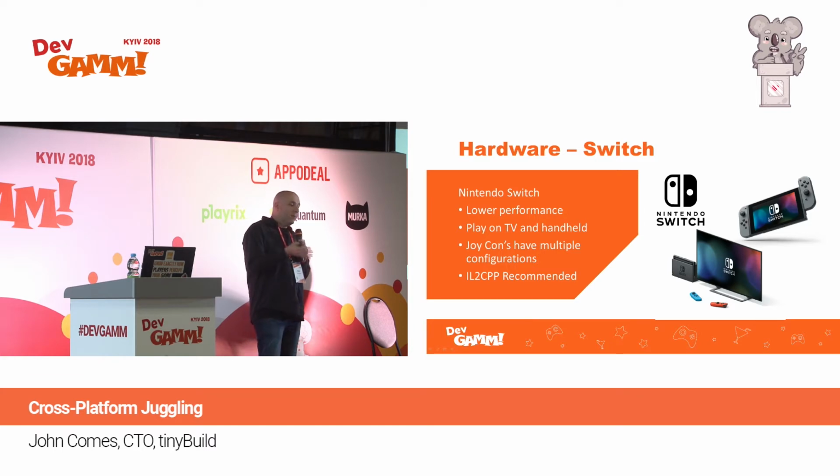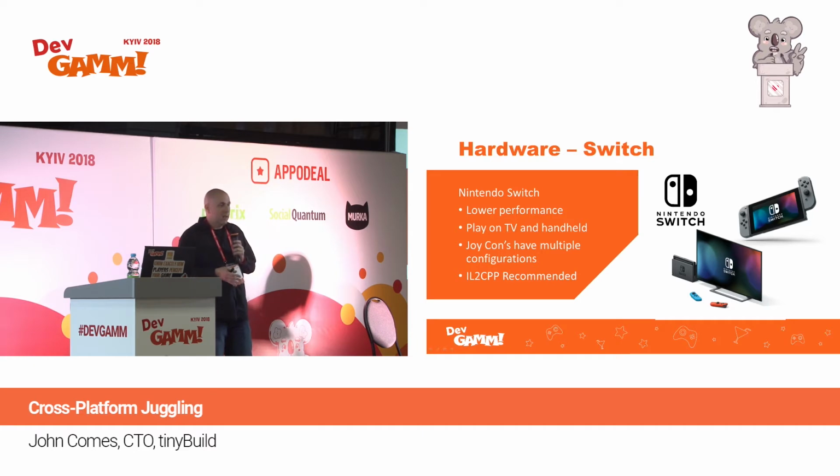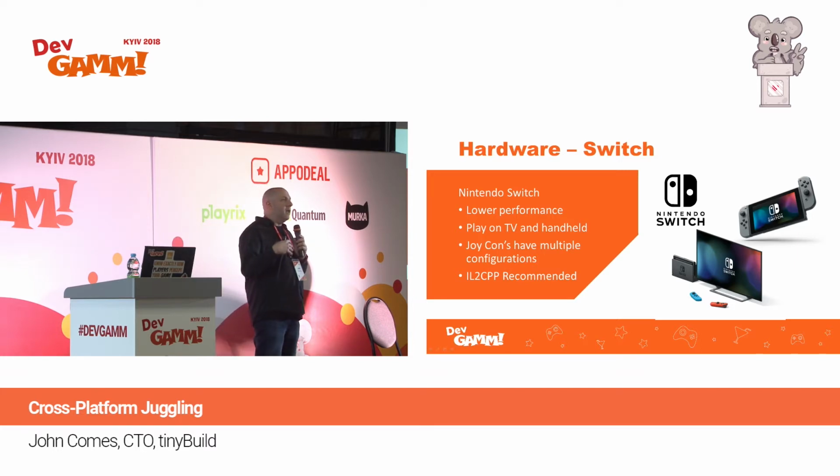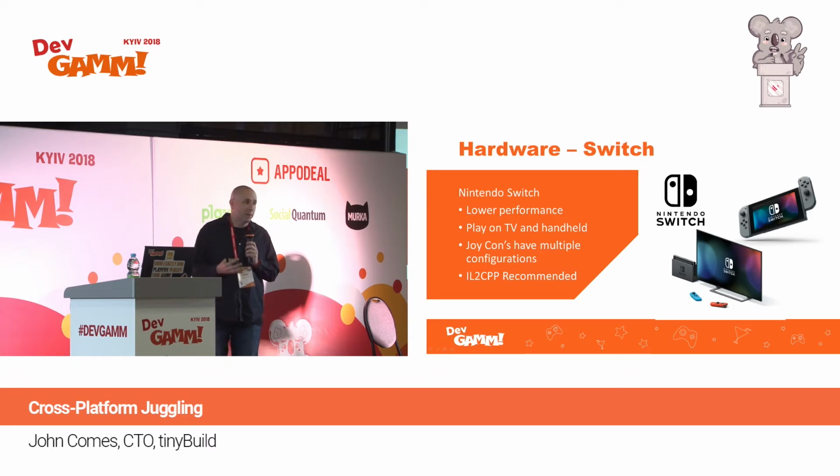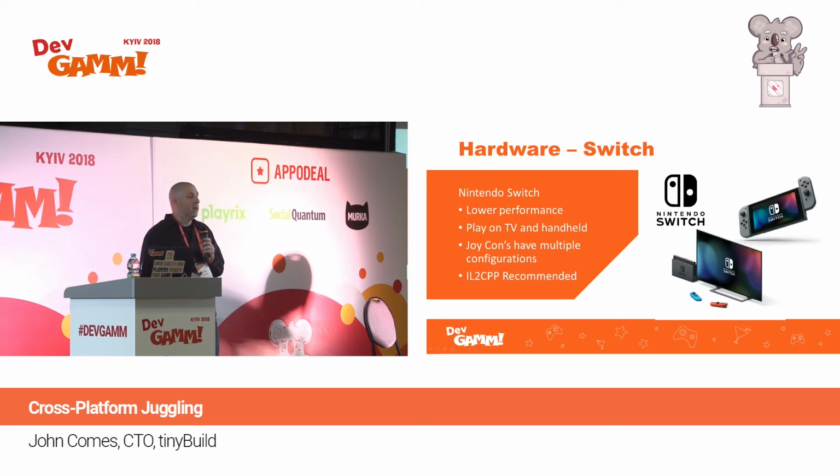What all the other platforms can use, but the Switch really needs because of its hardware, is it'll take that C# code, put it in its interpreted language, and then try to write its own C++ code. Unity handles most of this for you, just to make it run fast. But if anybody's worked with IL2CPP before and run into issues, be prepared to spend a lot of time figuring out what's wrong with it, because especially in Unity, the tools are not very good yet to be able to handle IL2CPP.